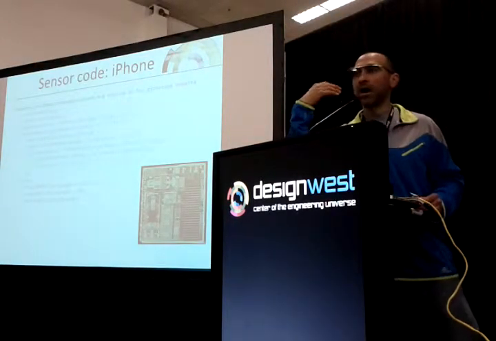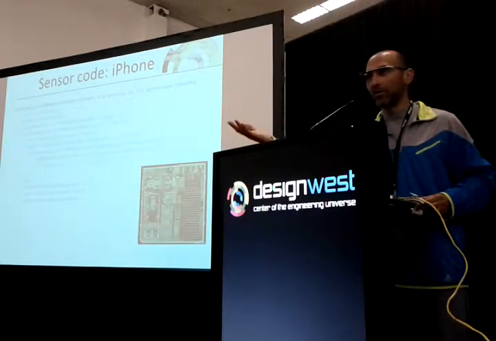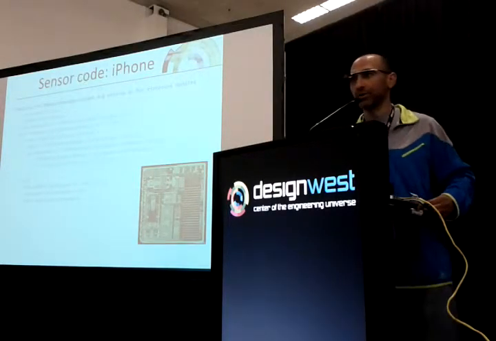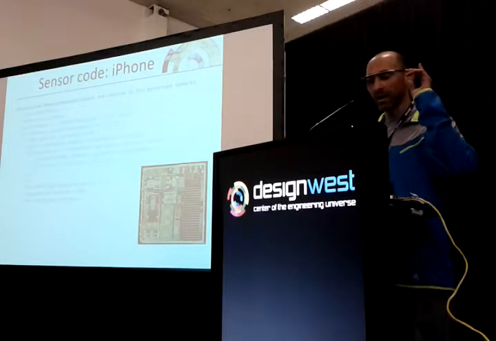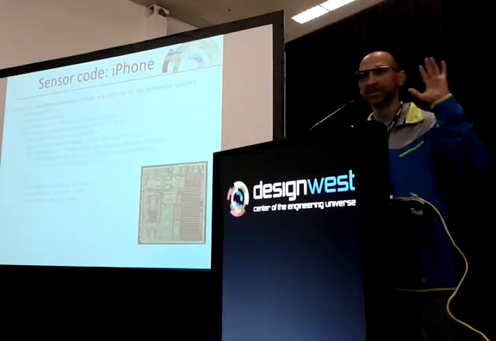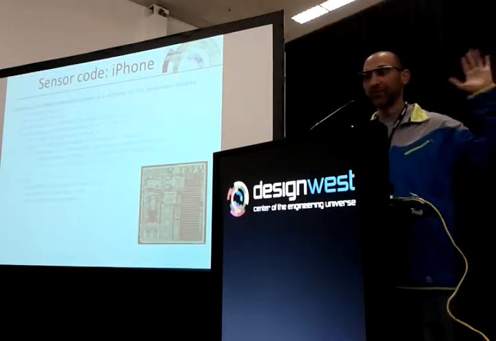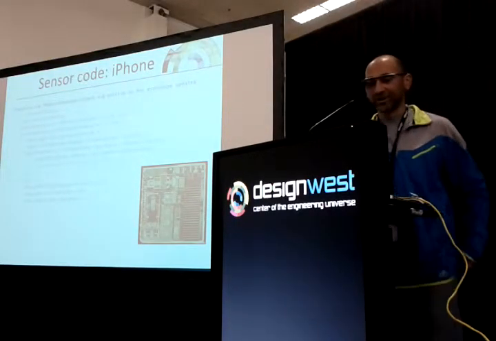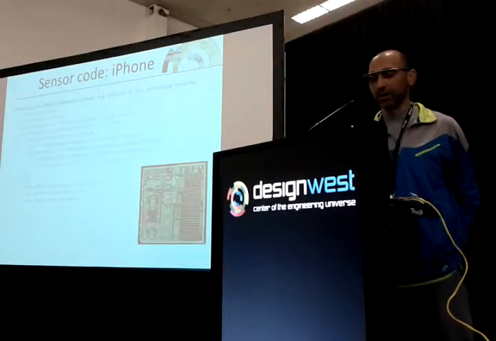So on the Android phone, you saw the sensor manager. You just call the sensor manager and you listen for events. On the iPhone, this is Objective-C. I don't know if you saw Objective-C anymore, but it's out there. So viewDidLoad. That's when my GUI has come up.